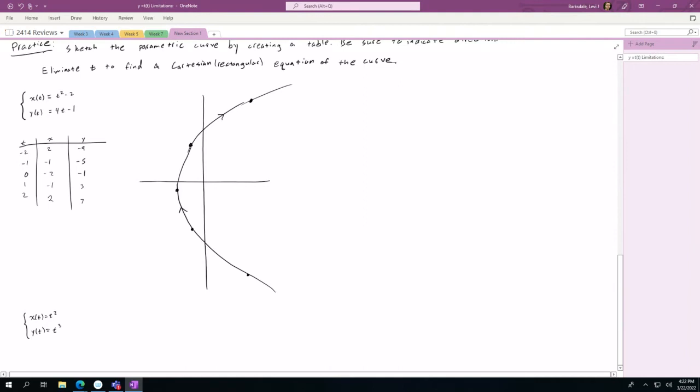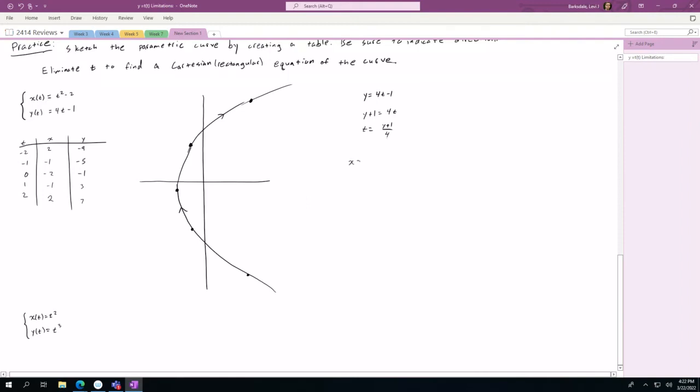Next, I need to eliminate my variable t in order to find a Cartesian equation. So because y is equal to 4t minus 1, y plus 1 is equal to 4t. So t is equal to (y plus 1) over 4.